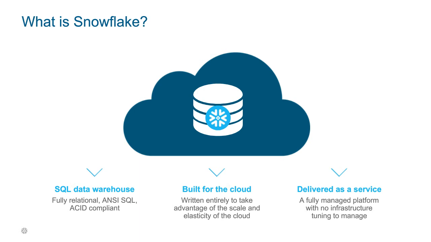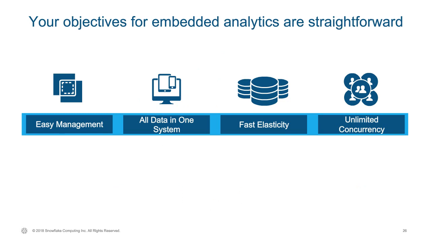You don't have to do any of the infrastructure work, any of the tuning or anything in order to run Snowflake as a database. So why is all this important? If you look at the objectives you have for embedded analytics, they're pretty straightforward. You want a system that enables your team to focus on the analytics, that can house all your data in one place, that can scale when you need it, and to serve everyone in your organization whenever they need to.